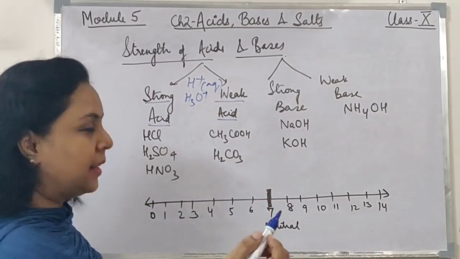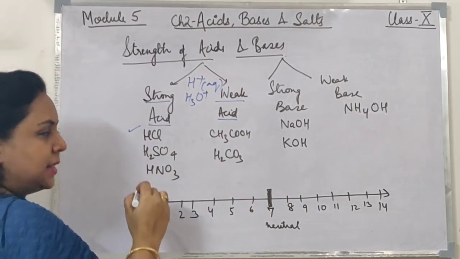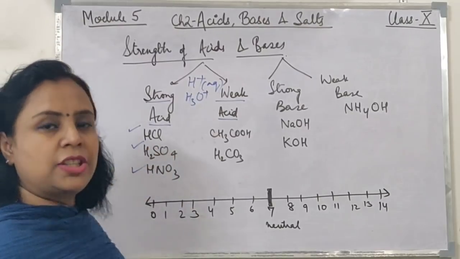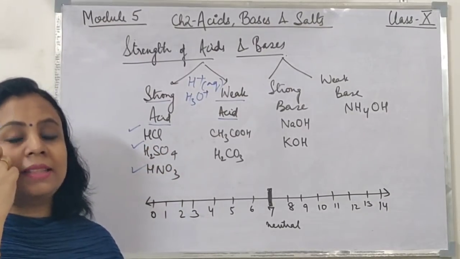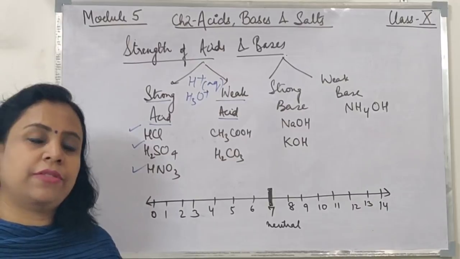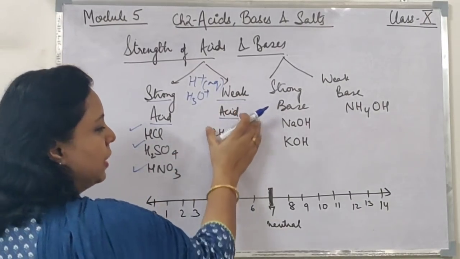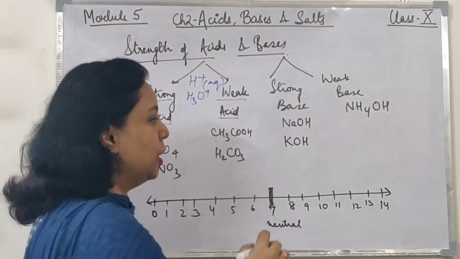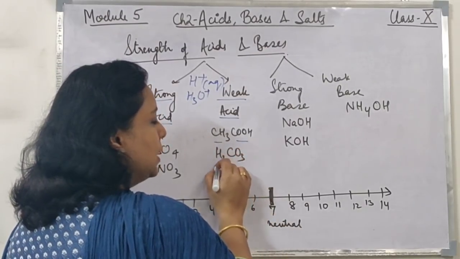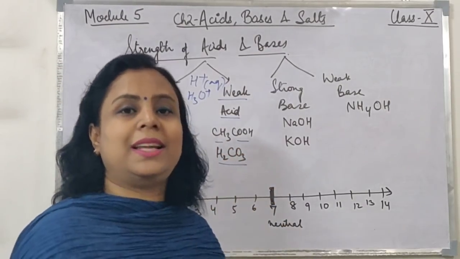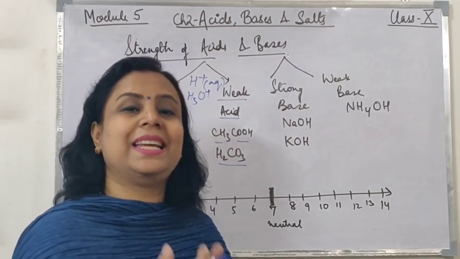Now if you take the examples, HCl, H2SO4, HNO3, these are the common mineral acids that we are using in our laboratory. All these are strong acids. When we talk about weak acids, weak acids are the ones which do not release H plus ions very easily.